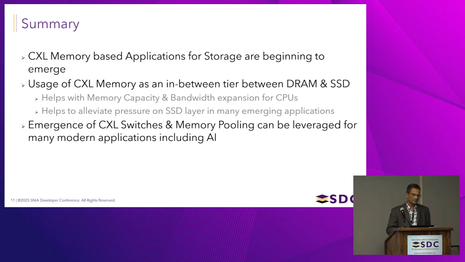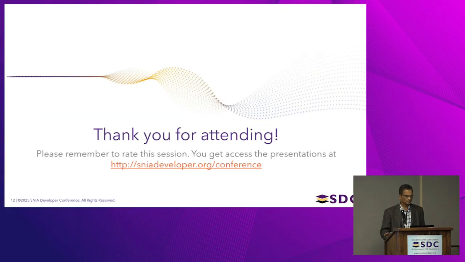So it helps with memory capacity expansion, as we know, and helps alleviate pressure on the SSD layer for many emerging applications. And then, yes, as memory pooling goes, there's a lot of excitement in the hyperscaler community as well. And then, as I said, it can also be leveraged for AI. So that's my talk.